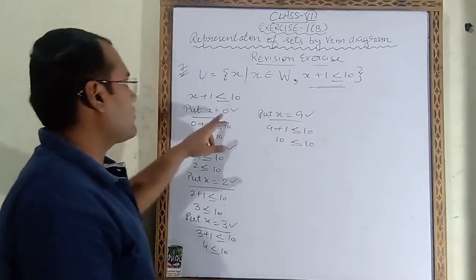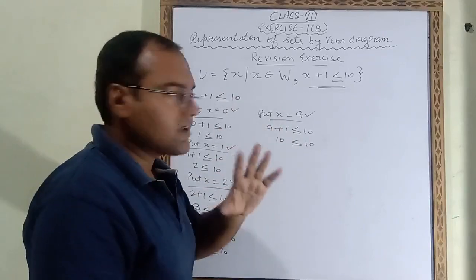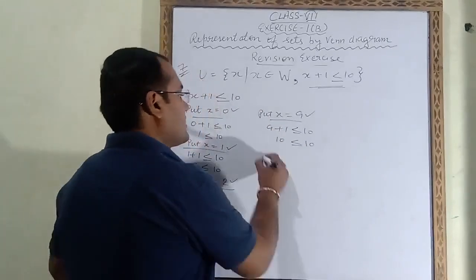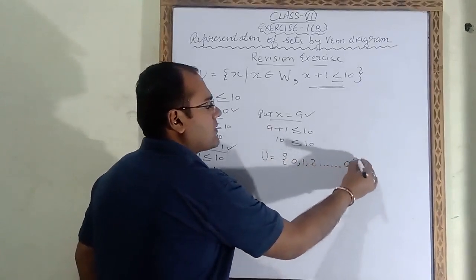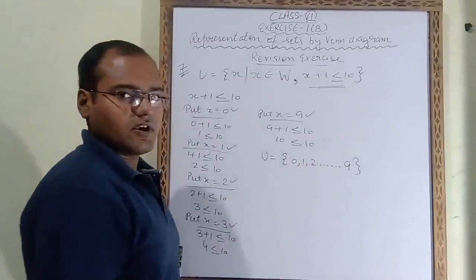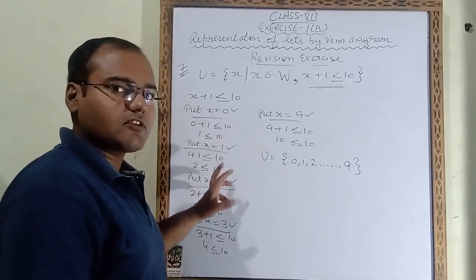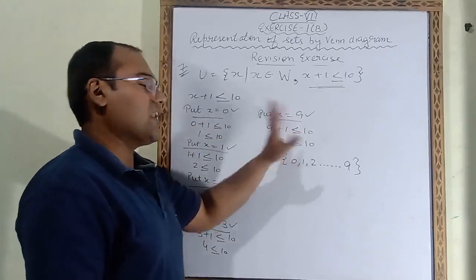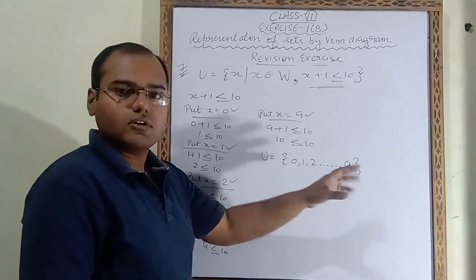So X is equal to 0, 1, 2, 3, 4, 5, 6, 7, 8, 9. The final answer for the universal set will be 0, 1, 2 up to 9. All the values are correct, so we write here 0, 1, 2, 3 up to 9.